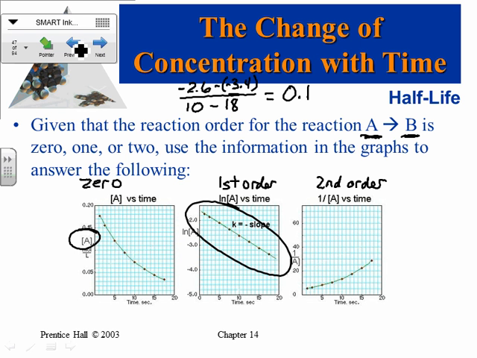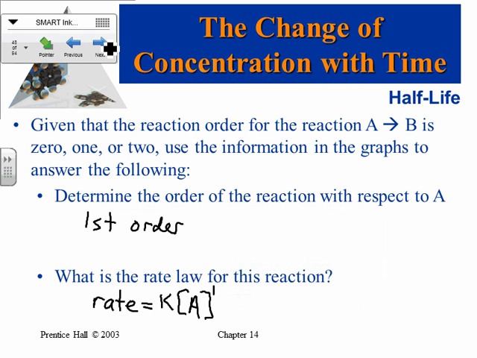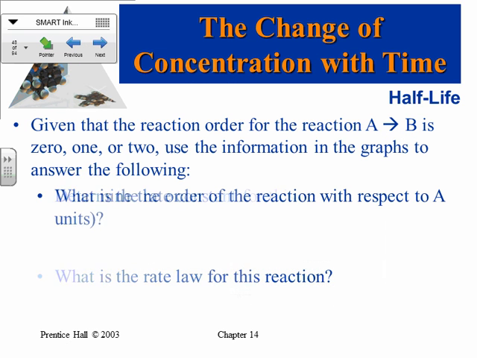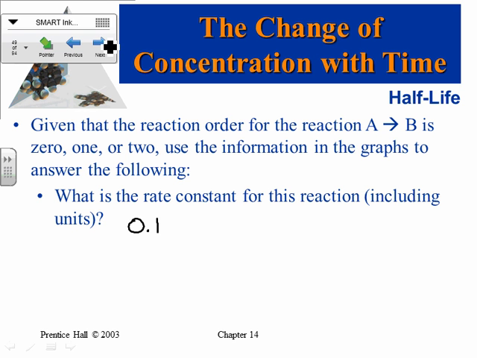But you change that to a positive because k is going to be the opposite of your slope. So our k here is going to be 0.1. Now, what are the units for this reaction? It's a first order, so it's just going to be your time, and it's seconds to the negative 1.